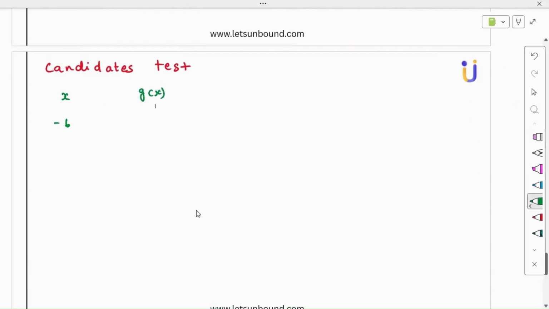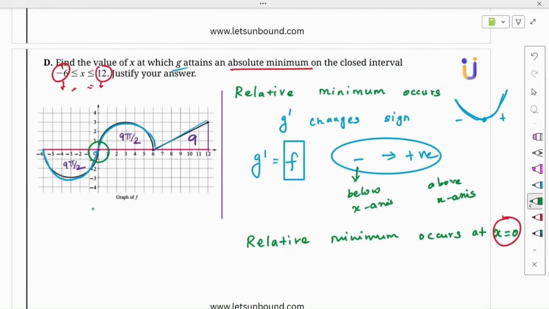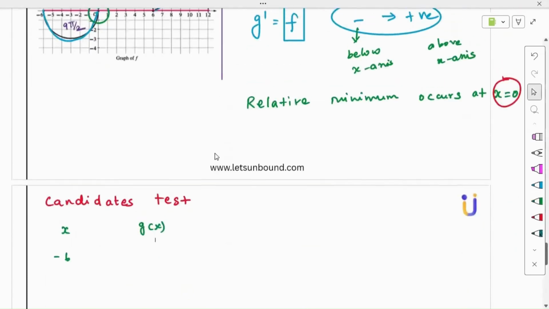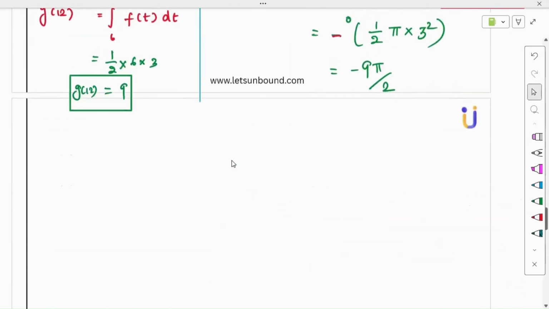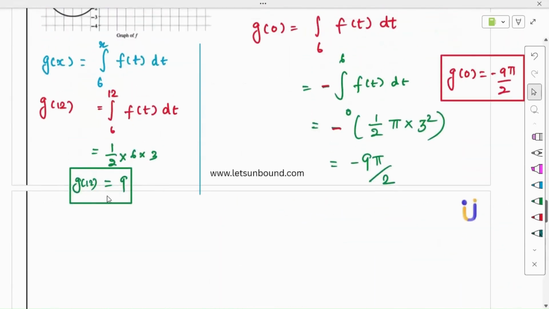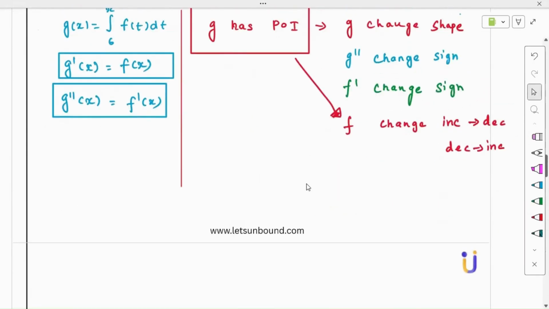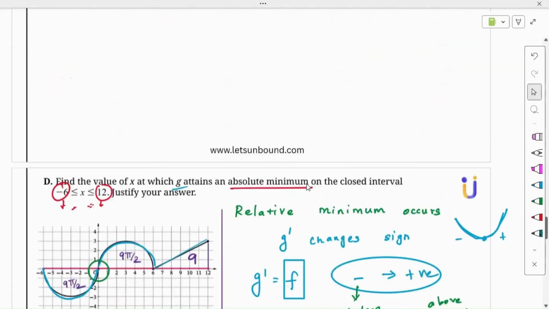Because we are checking the relative minimum and absolute minimum for g, don't confuse f and g. So what is g of -6? I think we solved some of these before. G of 12 we solved, g of 0 we solved, so g of -6 we need to solve.